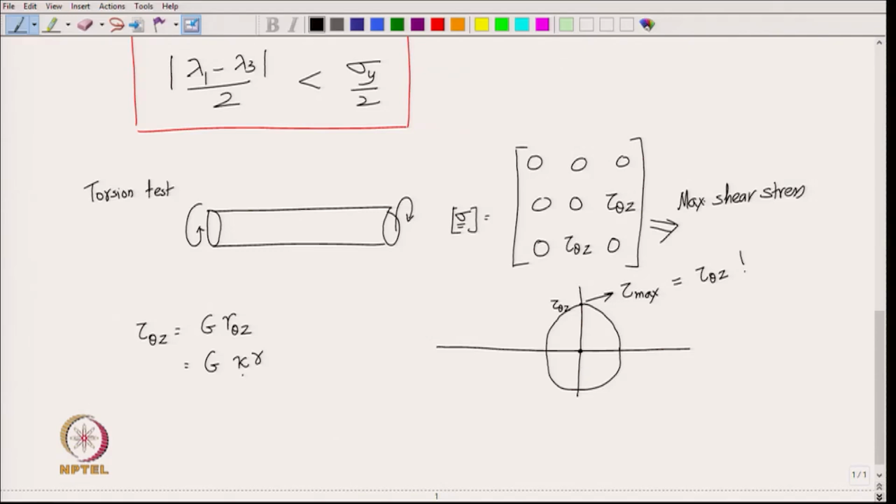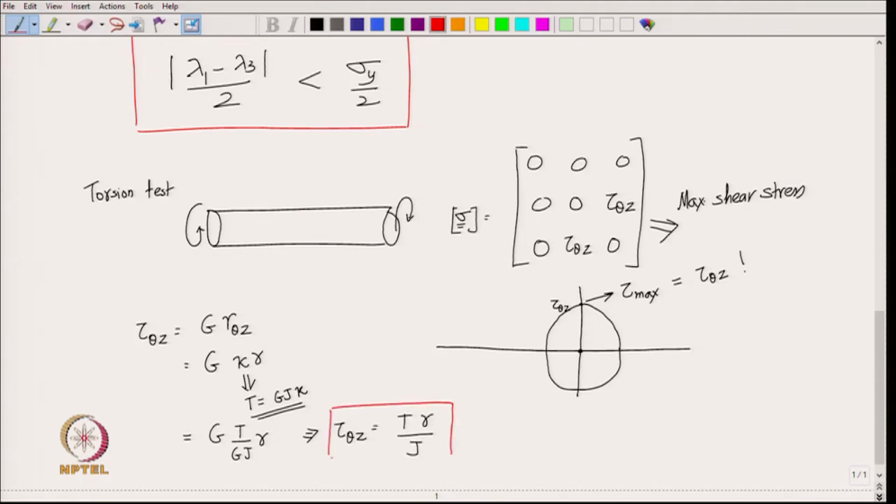And then you know that twist is related to the torque by this formula, that torque is equal to GJ times the twist, correct. So, if you substitute that back, we get tau theta z equal to G into T by GJ into r. So, this implies your tau theta z is nothing but T into little r by J.